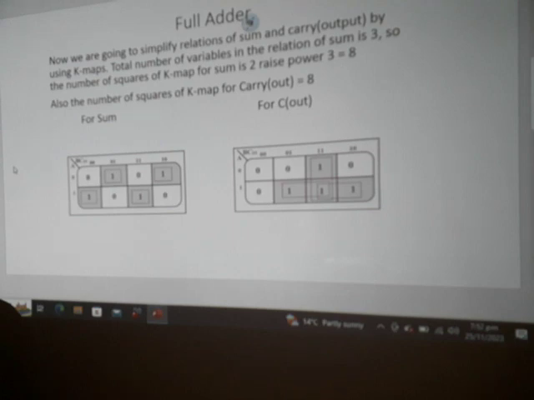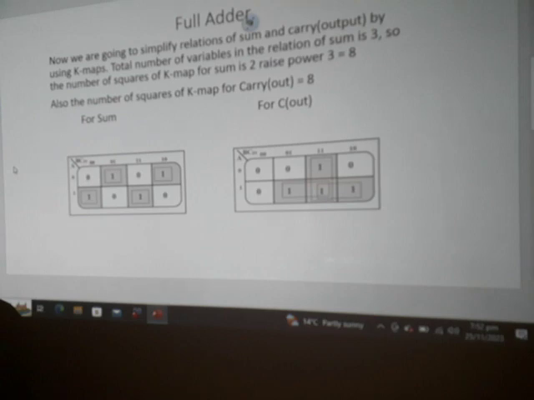Similarly, other ones are written, and then we will see that no one square can be combined with any square, because these are not adjacent squares. So the relation of sum will remain the same.